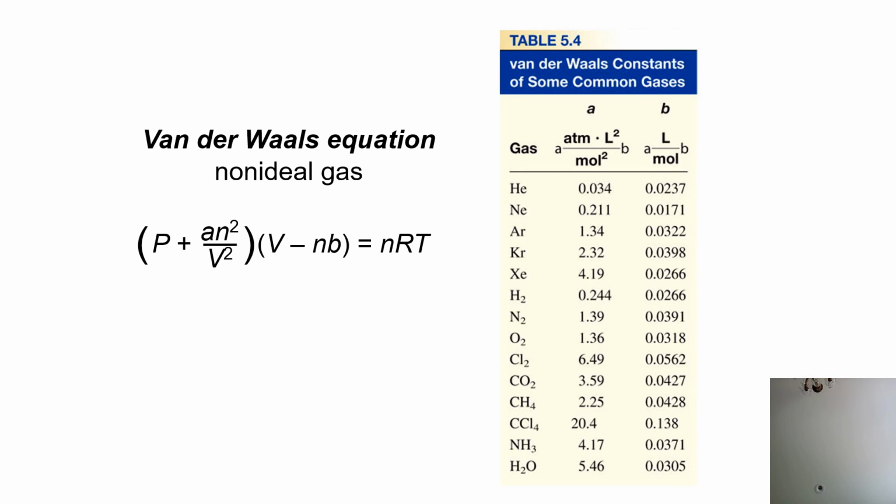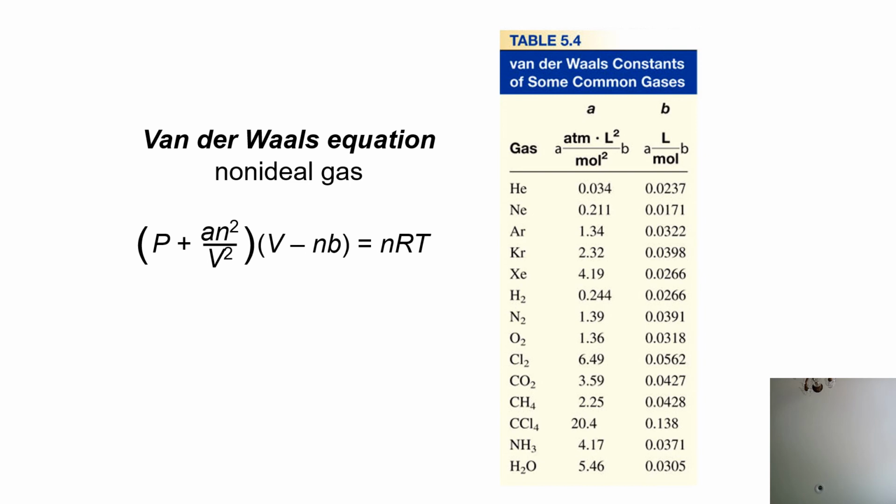So the van der Waals equation was developed in order to correct for pressure and volume. A and B are van der Waals constants, and their values have been determined experimentally for each gas. A and B increase with increasing molar mass and the number of atoms in the molecule.